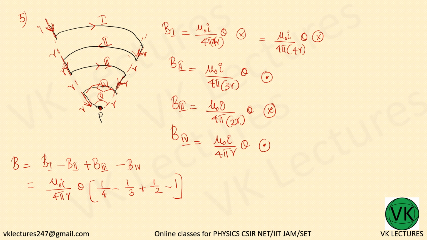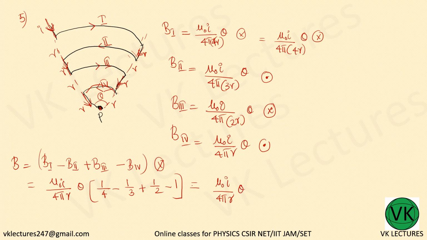Okay, so what is the expression that we are getting here? What will the direction be? As the first one we have taken into the plane, and that is taken as positive, so into the plane is the direction here. So it is equal to mu 0 I divided by 4 pi r into theta. And what is the total?